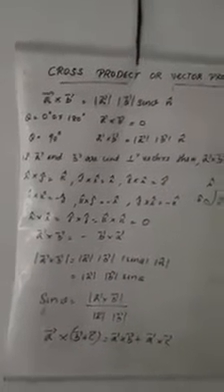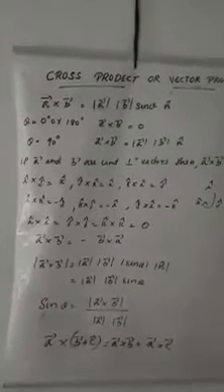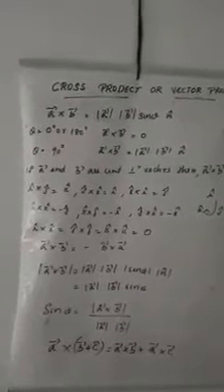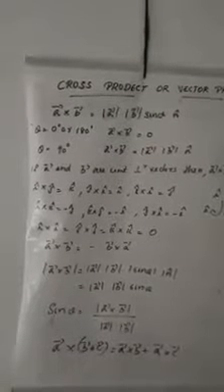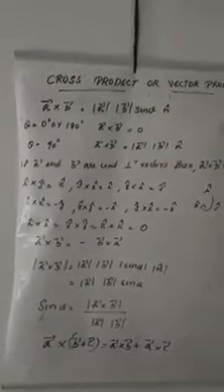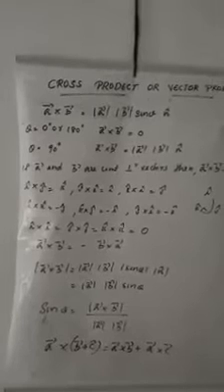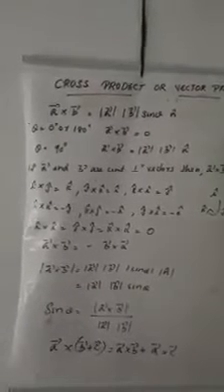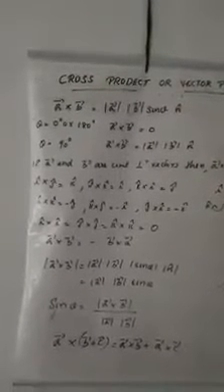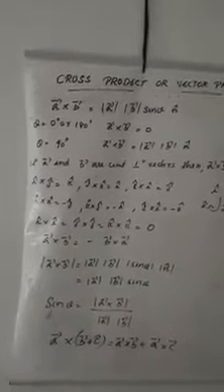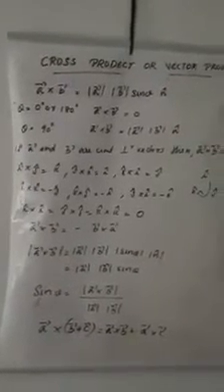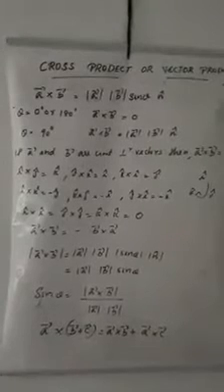B cross A is modulus of B into modulus of A into sine theta into n cap, where n cap is perpendicular to both A and B, but its direction is from B to A, the opposite direction. That is why A cross B and B cross A are not equal. They are negative of one another. A cross B is equal to minus of B cross A.